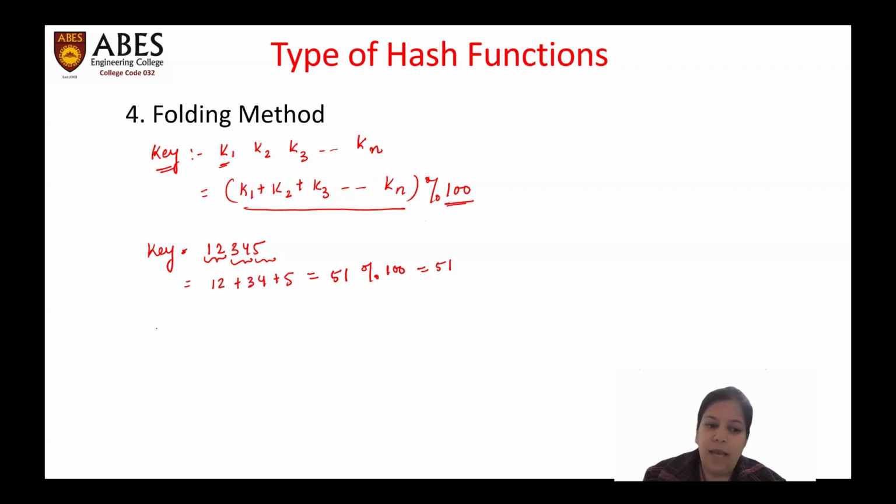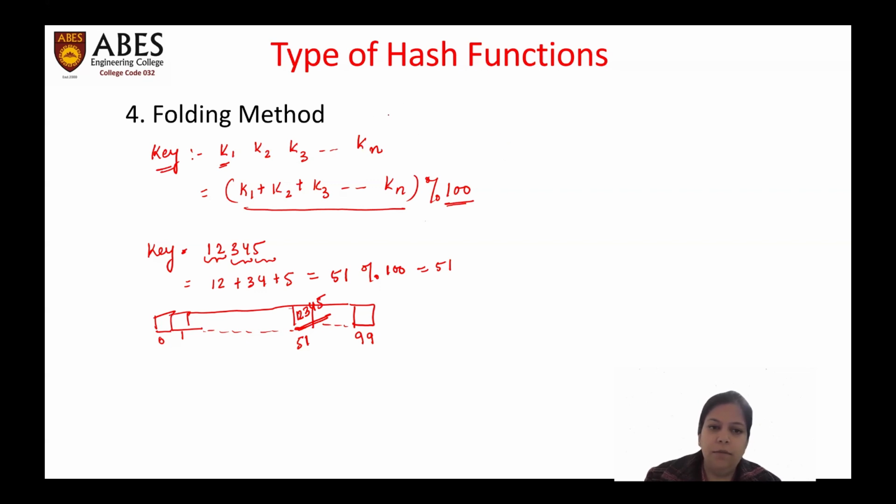And suppose I have a table of size 100, which has indexes from 0 to 99, then this 51 can be found here, and the input key, 12345, can be stored at index 51 in the hash table.